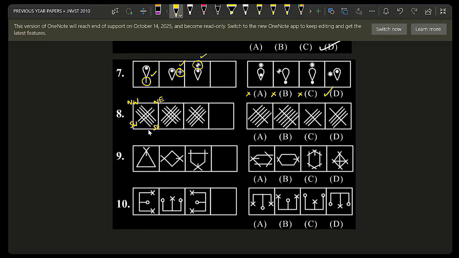First let us take the lines connecting northeast and southwest. In the first set, two lines are there. In the second set, four lines. In the third set, four lines. So what is happening here?